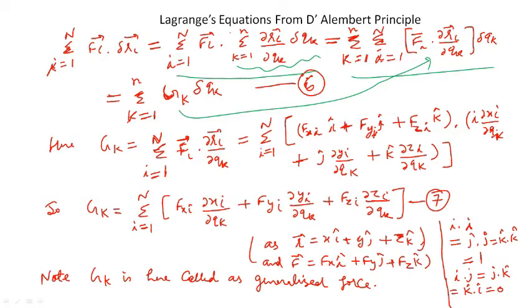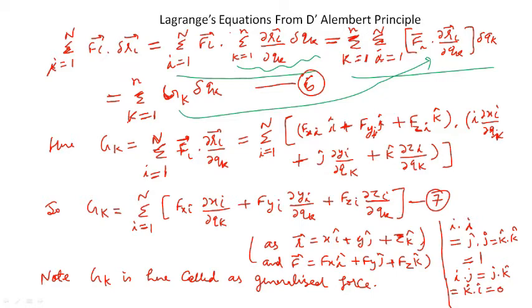Ri is like your xi unit vector i plus yi unit vector j plus zi unit vector k. So this term will be unit vector i del xi over del Qk plus unit vector j del yi over del Qk plus unit vector k del zi over del Qk.